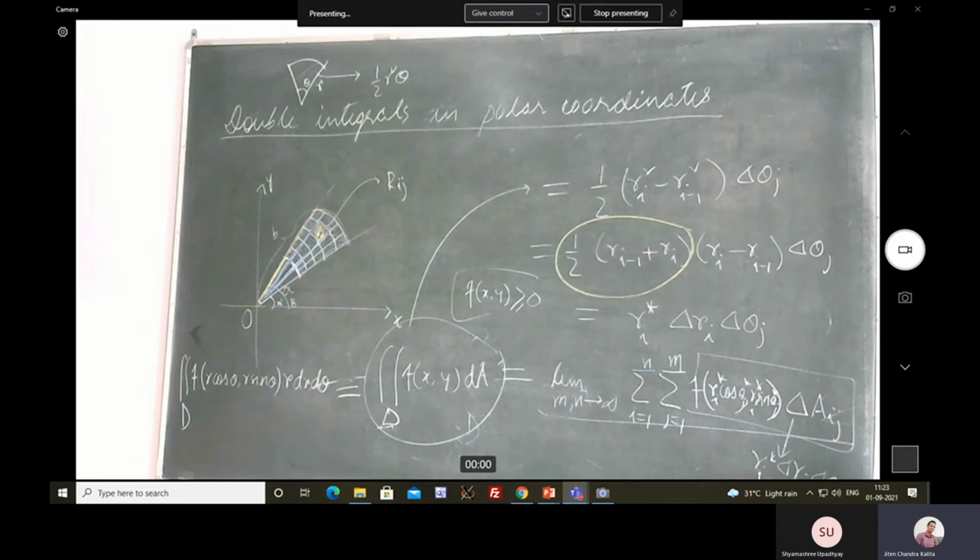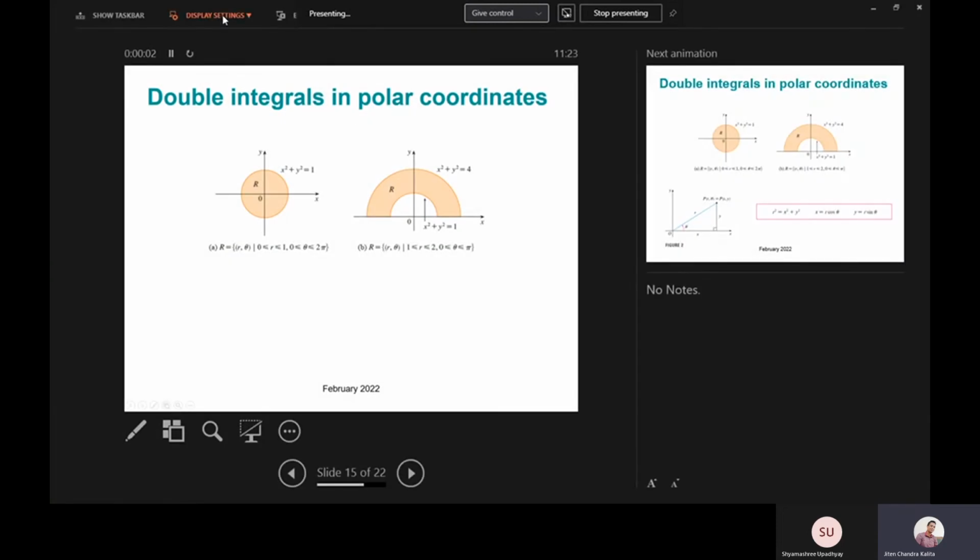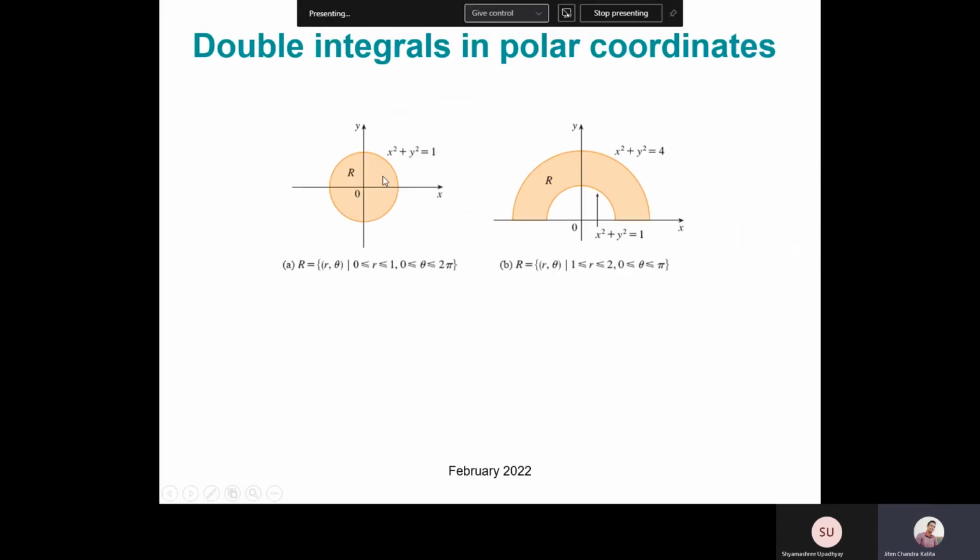Let me just quickly go through the slides. This is what I was talking about. You have regions like this, and you know how this region is defined. Here r goes from 0 to 1, theta goes from 0 to pi by 2.